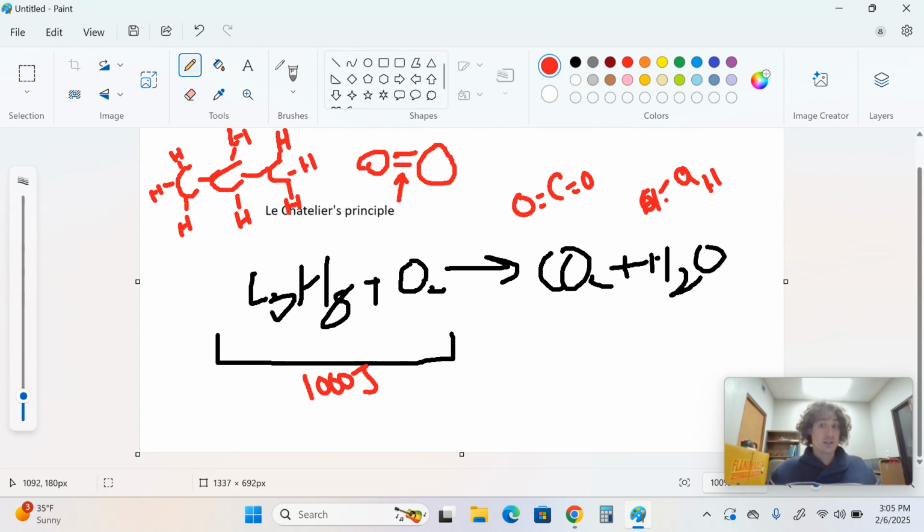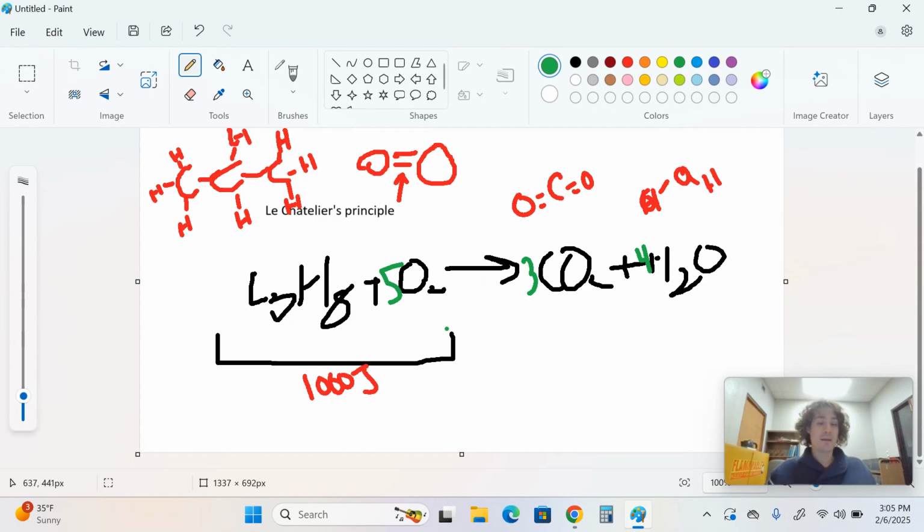It's not easy to just look at this and know which one's going to be higher. But what I can tell you is we need to take into account how many molecules there are. This is why balancing a chemical reaction is so important. To balance this, we're going to have 3 carbon dioxides, 4 water molecules, and that's going to give us 5 O2 molecules.